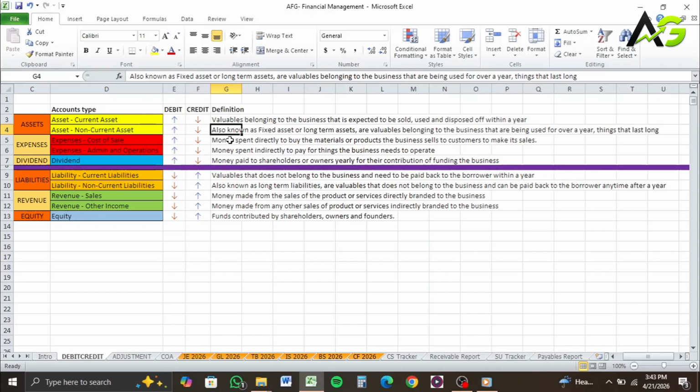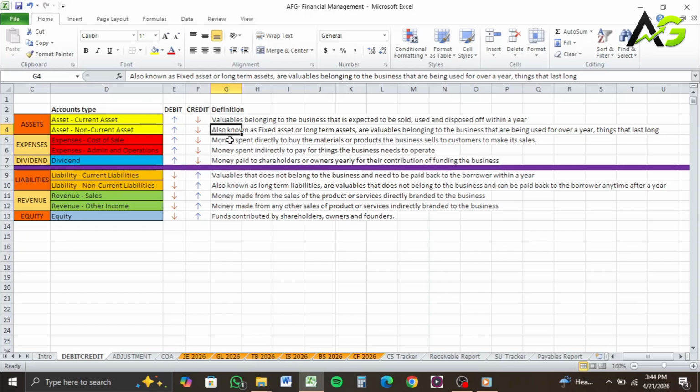Those 3 main reports are: one, the income statement, aka statement of financial performance; two, the balance sheet, aka statement of financial position; and finally the statement of cash flow.